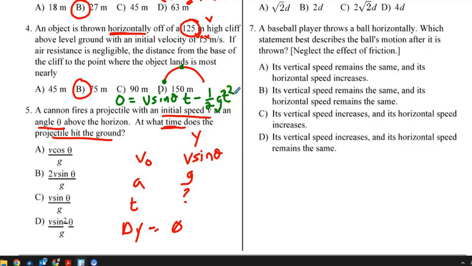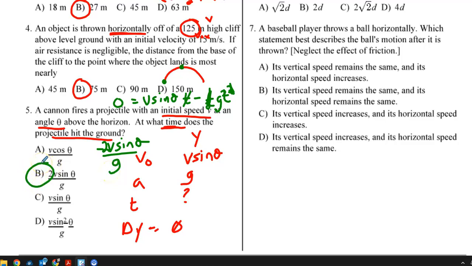All right, now because this is 0 right there, and I'll let you show the algebra, this t cancels out and one of these t's cancel out. Okay, so if I solve for it, I've got negative v sine theta. I subtract it to the other side. I got to multiply it by 2 to get rid of the half. And then I divide by g, and there's my answer.